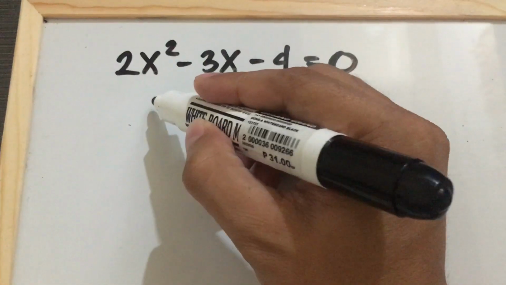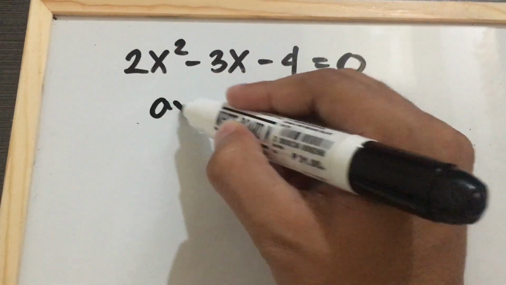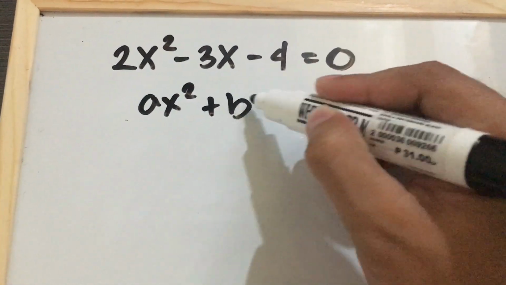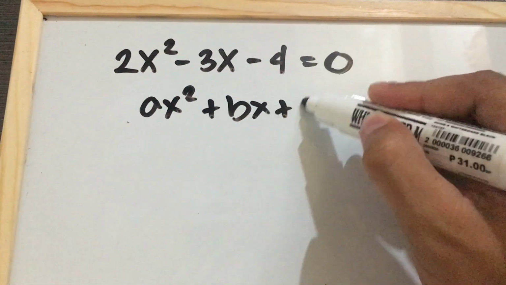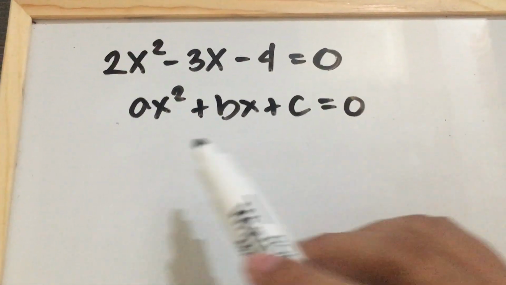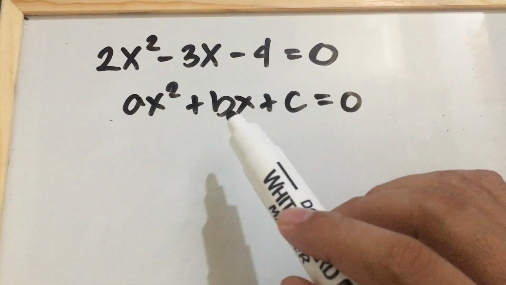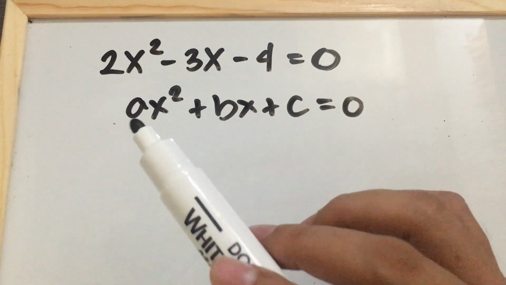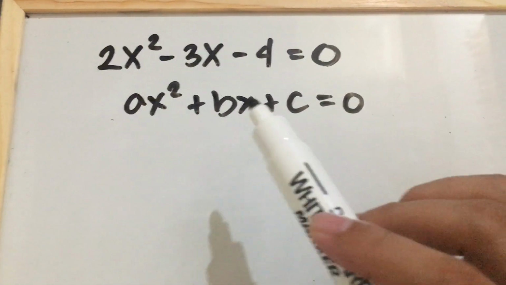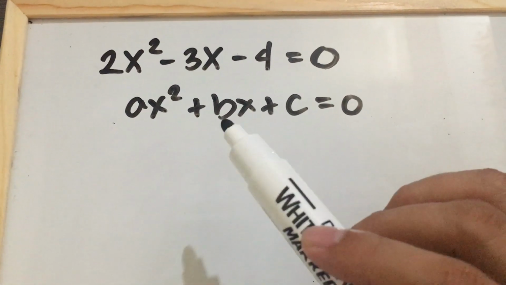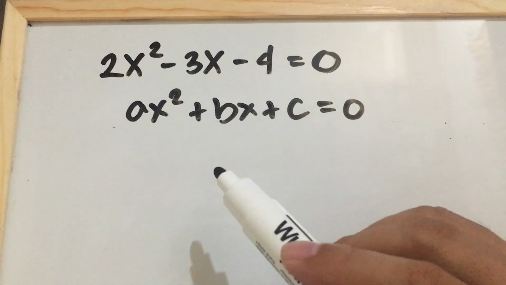We all know that the standard form is ax squared plus bx plus c equals 0. From there, we can identify the values of a, b, and c in order for us to solve using the quadratic formula.